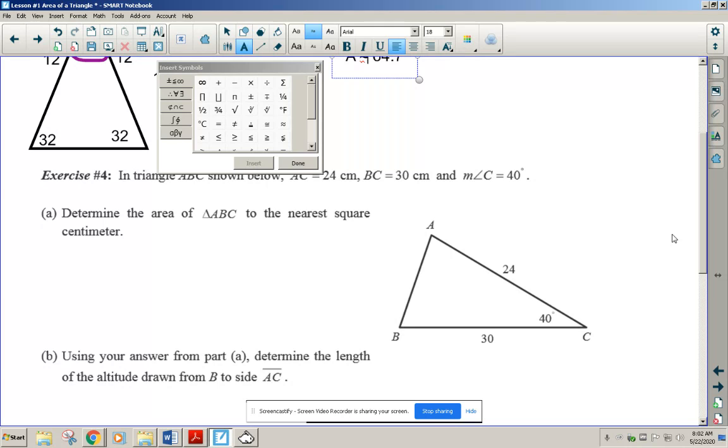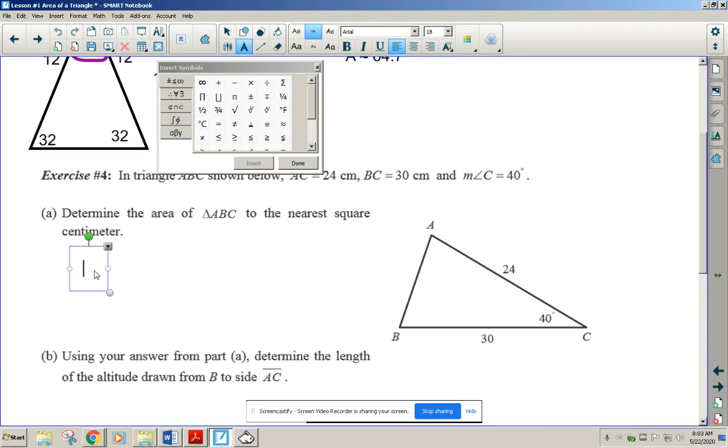All right, so here, exercise 4, we have this triangle where AC is 24, BC is 30, and the measure of angle C is 40. And now we want to determine the area to the nearest square centimeter. Now, some of you don't need me anymore, so feel free to turn off the video. But if you're still having some troubles, let's go through it.